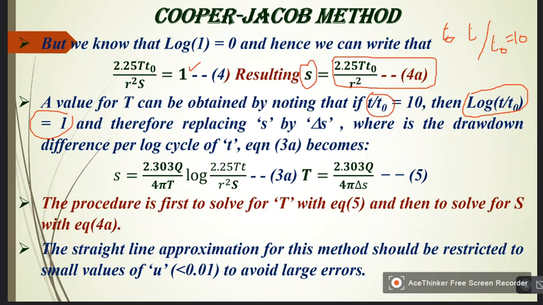So therefore, now if we replace S by delta S, where S is the drawdown difference per log cycle, then T will become, so this will be the form.